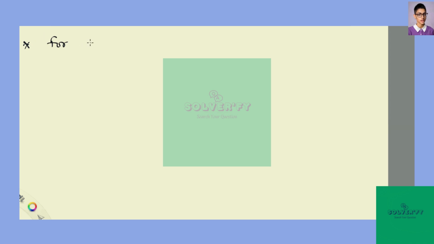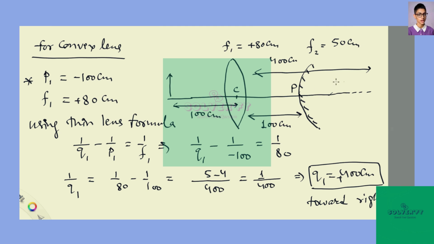For the convex spherical mirror, the object distance will be from the pole of the mirror to this image.